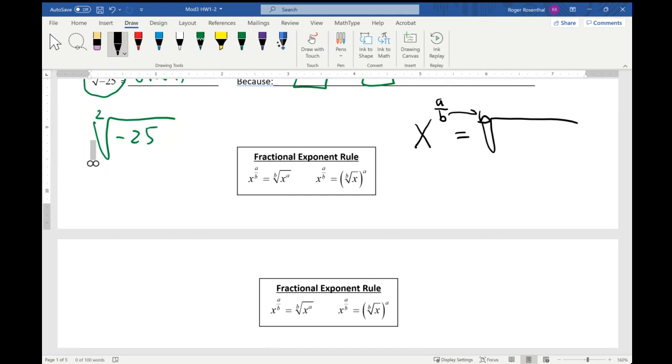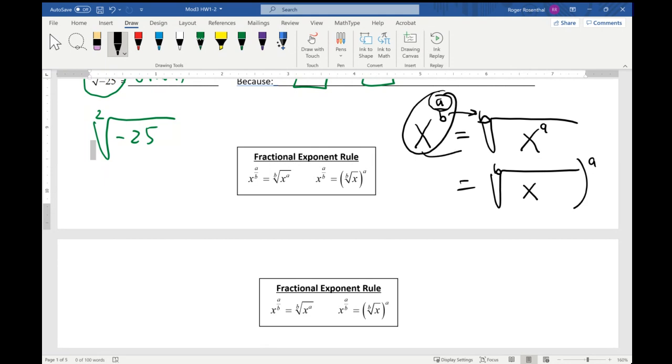In other words, the denominator becomes the index, and the numerator can go in one of 2 places, either on the inside as a power, or you still have the denominator being the index, and then the numerator can go on the outside as a power. So when you have a fractional exponent, that really means you have a radical, which you can write either one of those 2 ways.